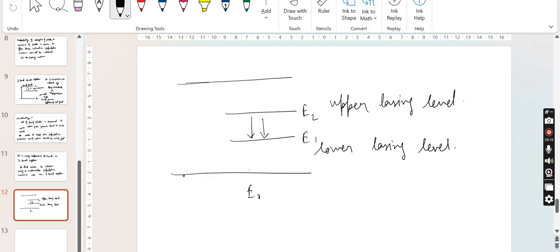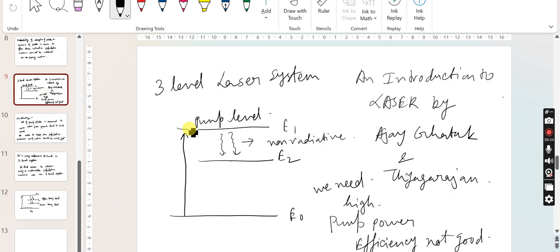So first, the ground state atoms are pumped from E0 to E3. Then through some non-radiative transition, here also was a problem that the source atoms, after the lasing action, come back to the source level, and then again you need to pump.